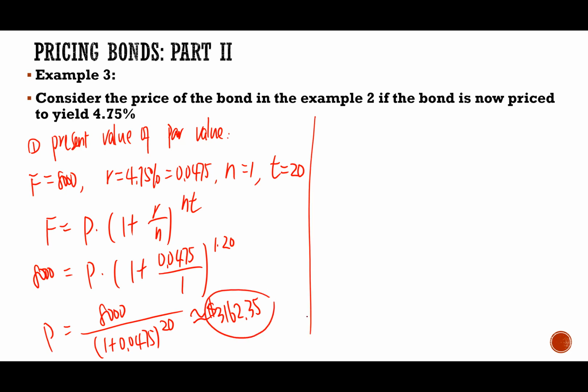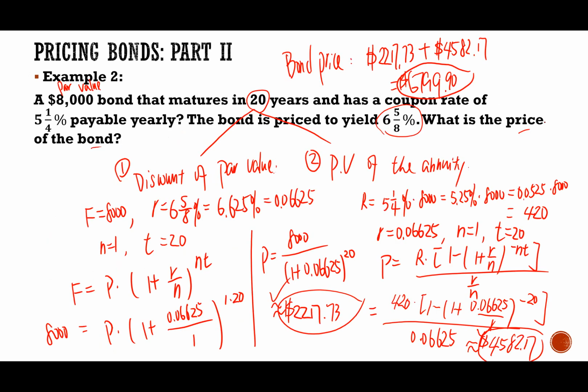Okay. Now let's find out the second source, which is the present value of the annuity, or the dividend income. So one more time, let's find out the dividend. Dividend is based on the coupon rate, and the coupon rate is 5.25%.